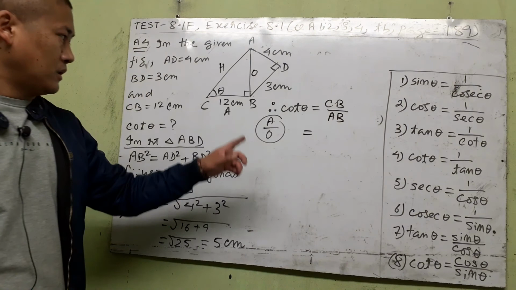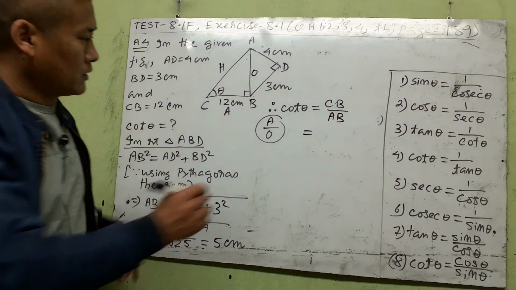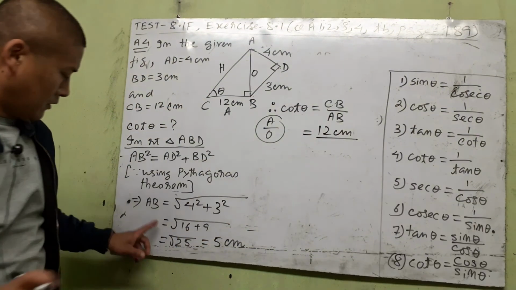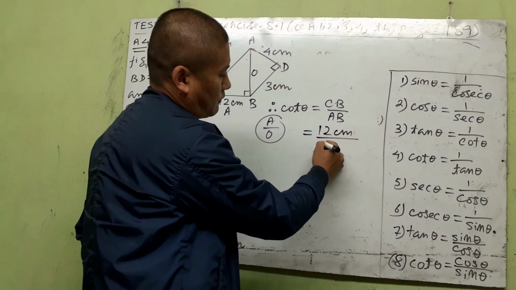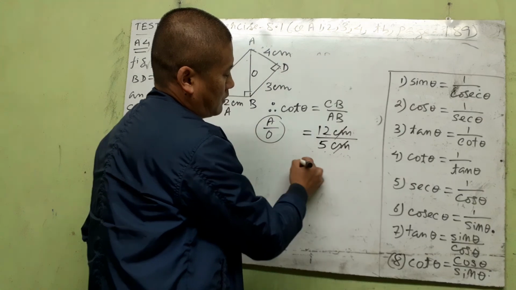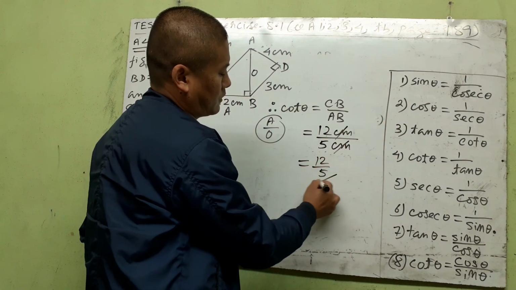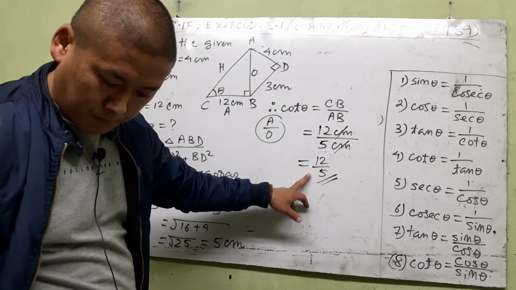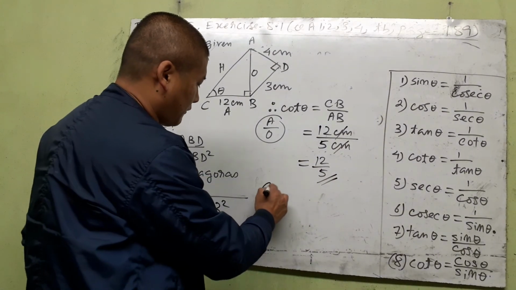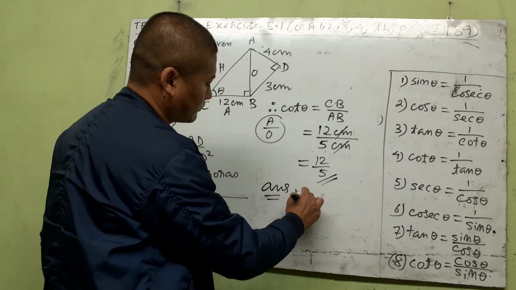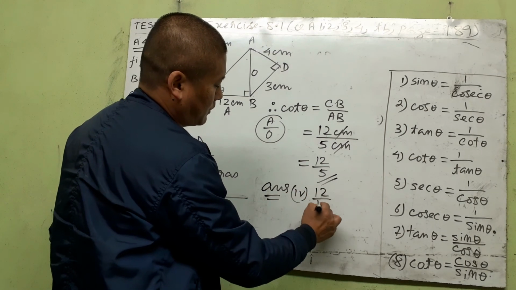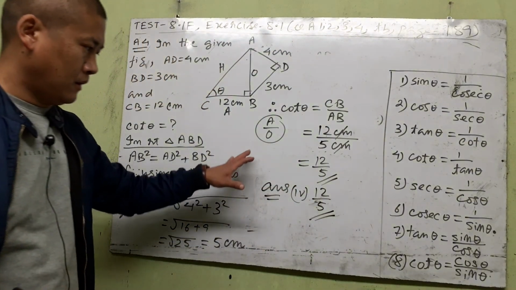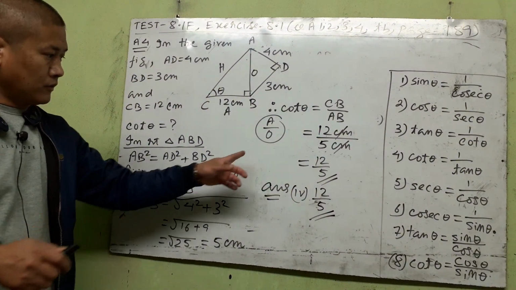So that will be equal to CB, the value you see here, 12 centimeter, divided by AB, just now we found out, 5 centimeter. We cannot cancel anymore, right? So we write our answer as 12 by 5. The answer choice that matches this is number 4, which is 12 by 5. I hope you're getting it right. So that's the last question of this test part.